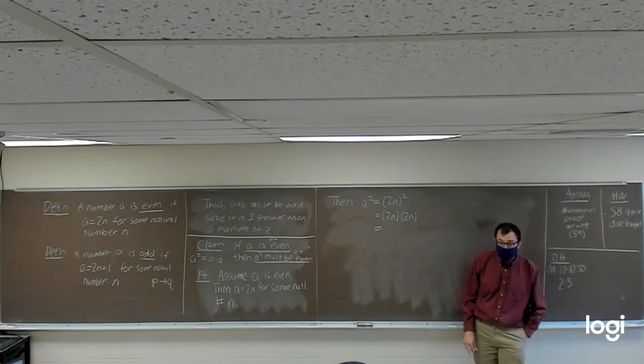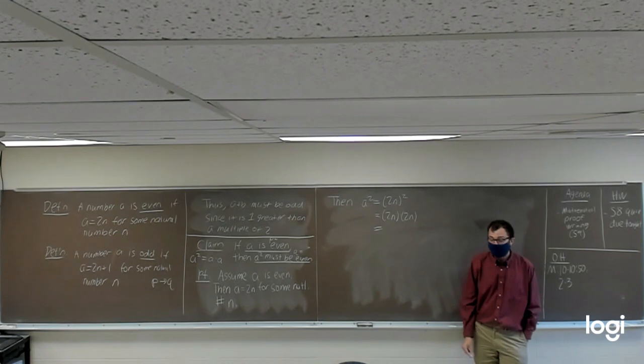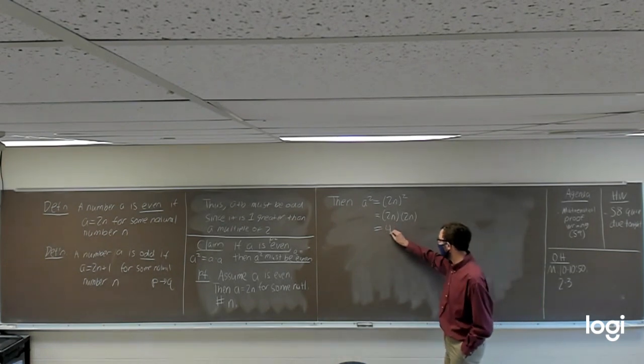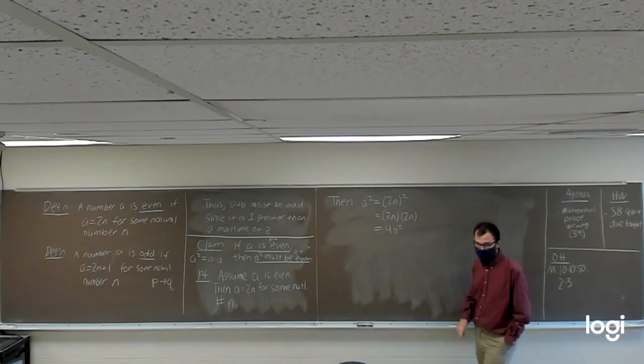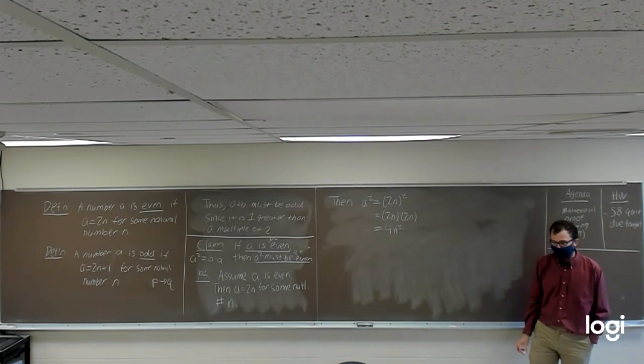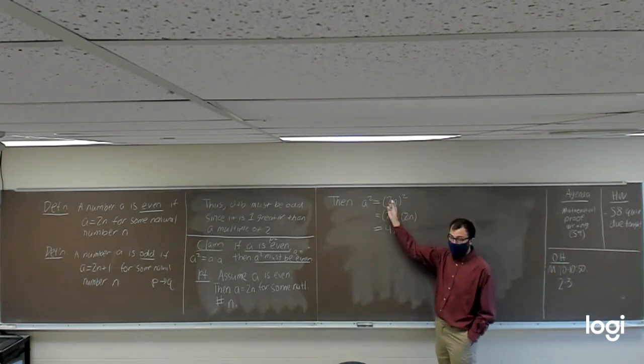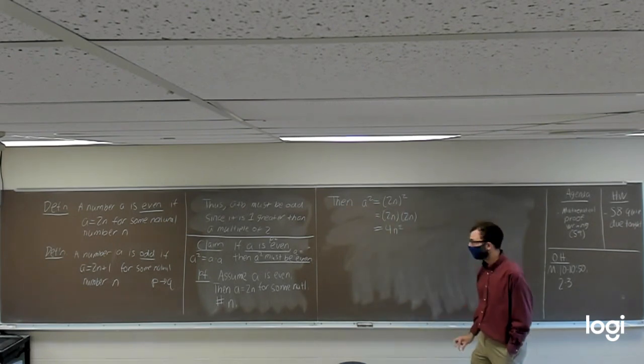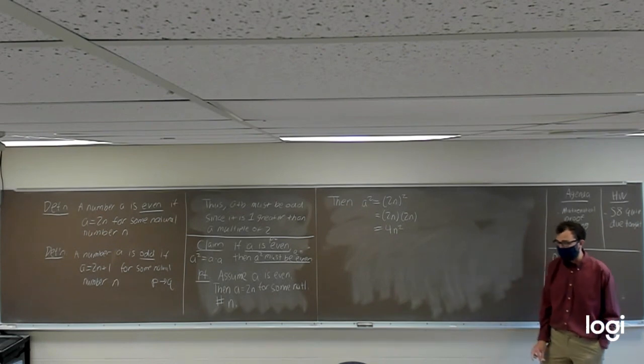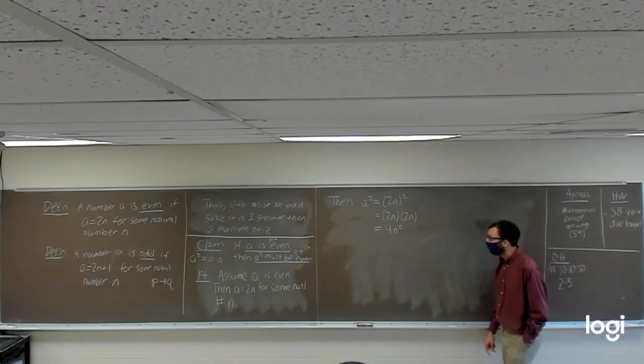What do we get if we multiply out 2n times 2n? 4n squared. Yeah, it's going to simplify to give us 4 times n squared. Don't forget, when you're squaring 2n, you need to square both the 2 and the n. So it's not 2n squared, but 4n squared.